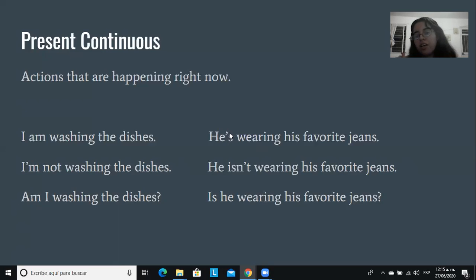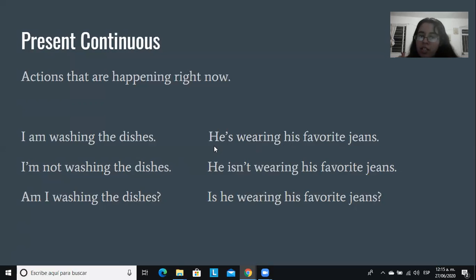And here's another example, with another person. He's wearing his favorite jeans. So this means he is wearing his favorite jeans.